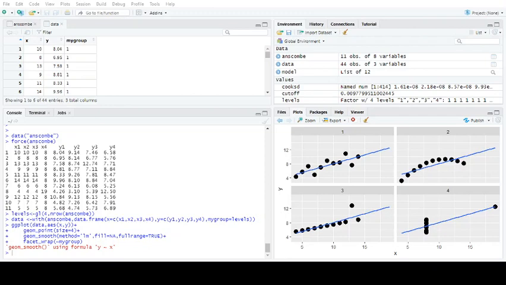I'm using Anscombe's quartet to illustrate what I'm talking about, residuals and leverage first. If you want to go back to a previous video about Anscombe's quartet, you can in this series. But in brief, in Anscombe's quartet, all these values have the same linear regression.